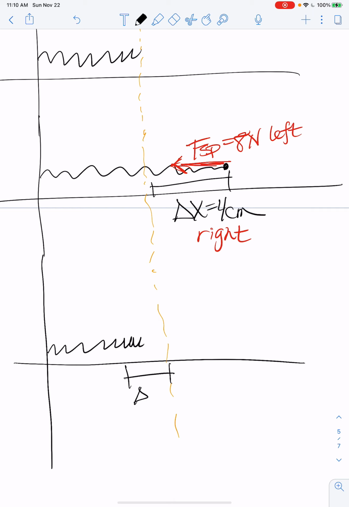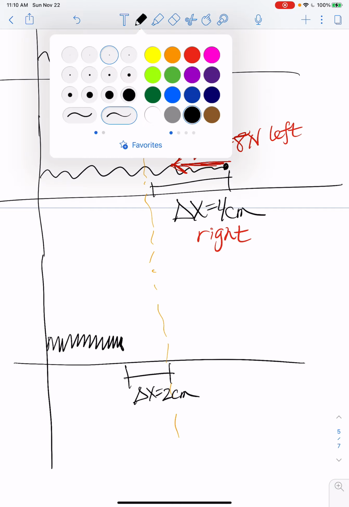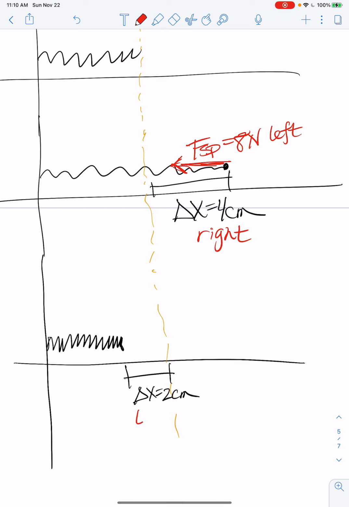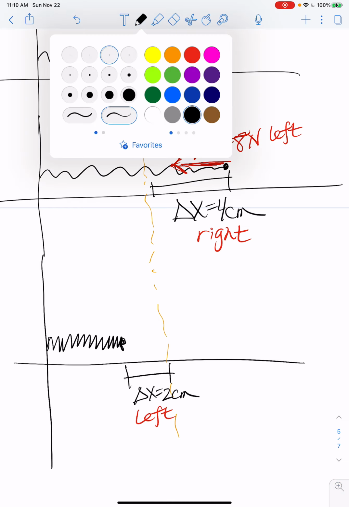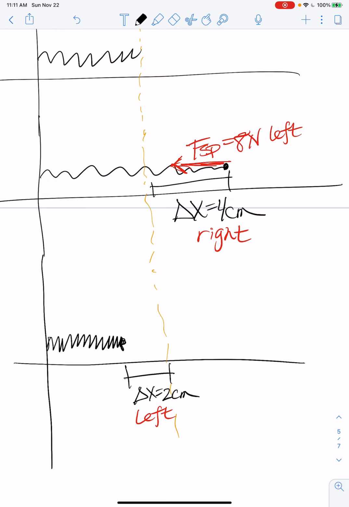I'm trying to draw it the same as I did up there. All right, it's compressed. And we're going to say this is left. And if that's the case, then we know the end of the spring is going to have a force pointed to the right because it wants to point towards equilibrium.